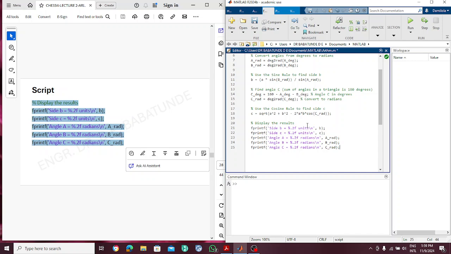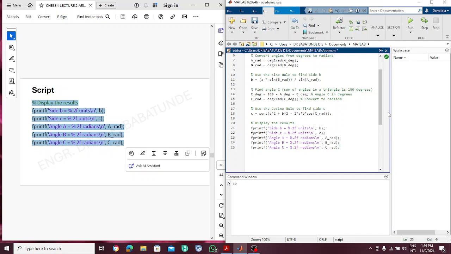Then the command window cursor moves to the next line. And beside that, we are passing in the variable, which is B, that we want to configure to 2 decimal places. So this same explanation goes for the other variables that we are trying to print on the screen.